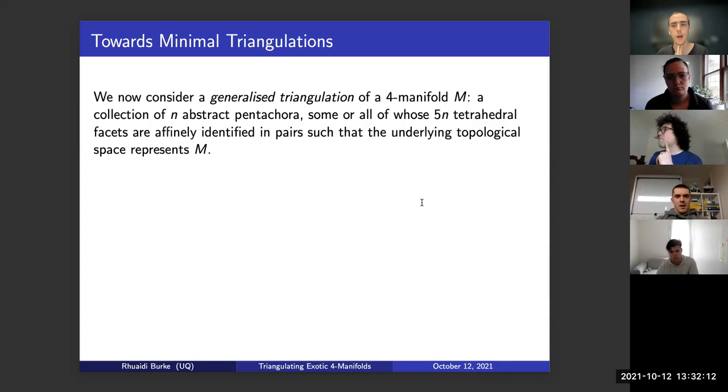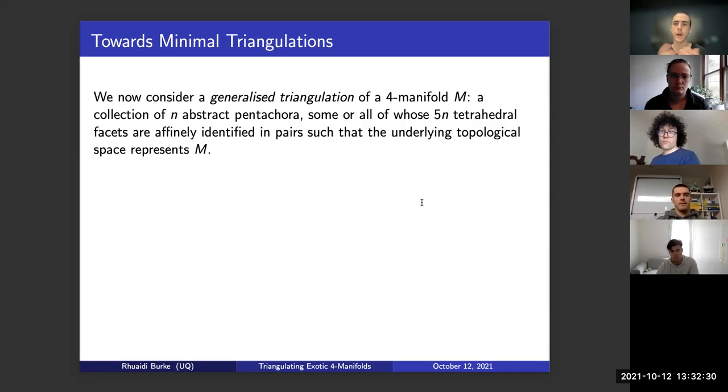Okay, so the triangulations that come out of this edge colored graph routine are basically like simplicial complexes, and so you need a lot of simplices in order to build things as a simplicial complex.